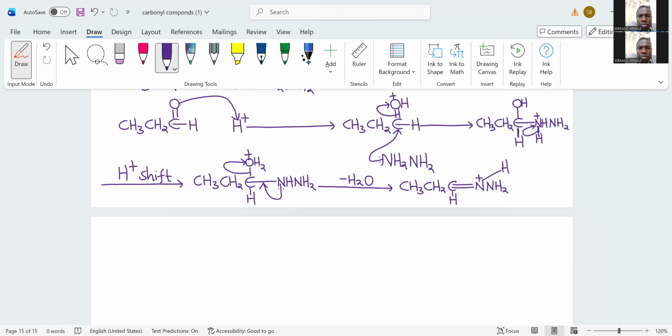Now, nitrogen is electron deficient. I give it electrons using that hydrogen appending. Therefore, I lose a proton, minus hydrogen ion, as I form CH3, CH2, CH, double bond with NH2, like that.